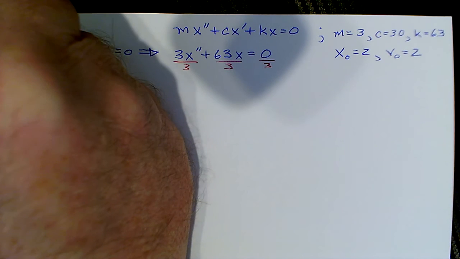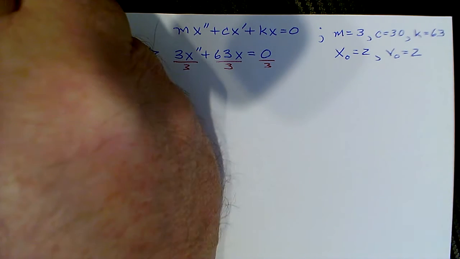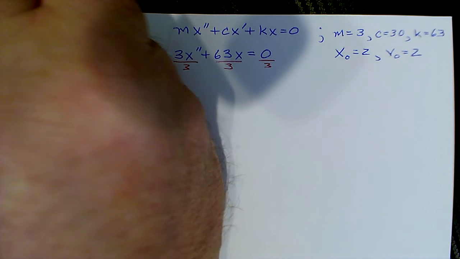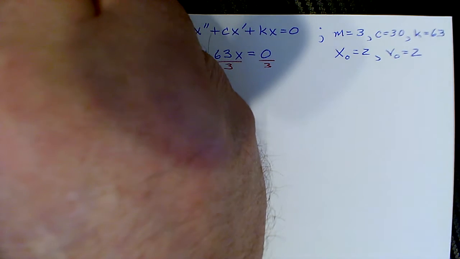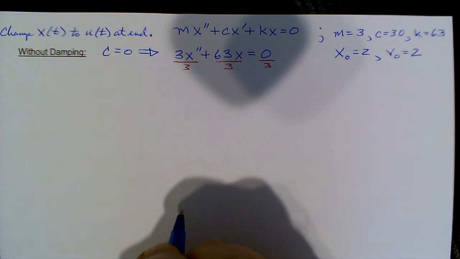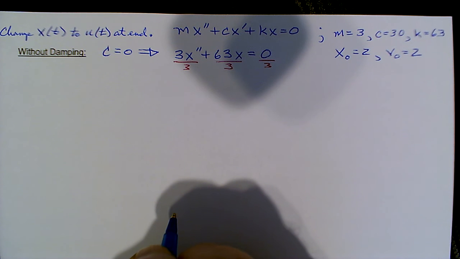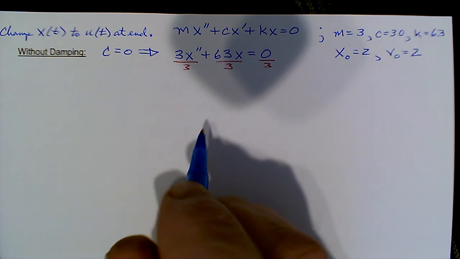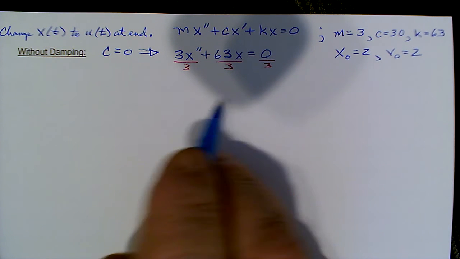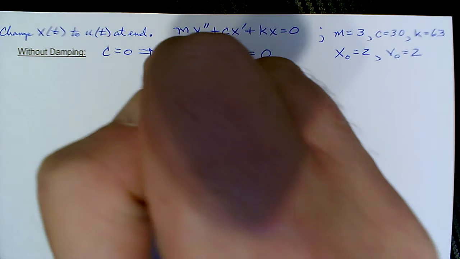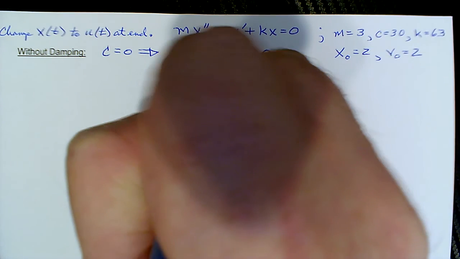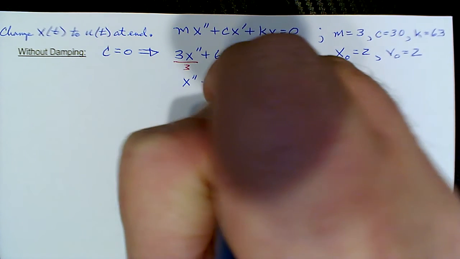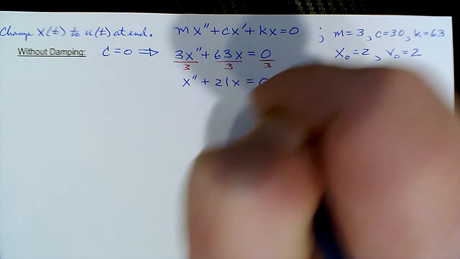We're going to change x of t to u of t at the end. Okay, so just note that. Because of the way they worded the homework, I just think it's going to be awkward to carry a u of t through. And so let's go with the x of t. So x double prime plus 21x is 0.